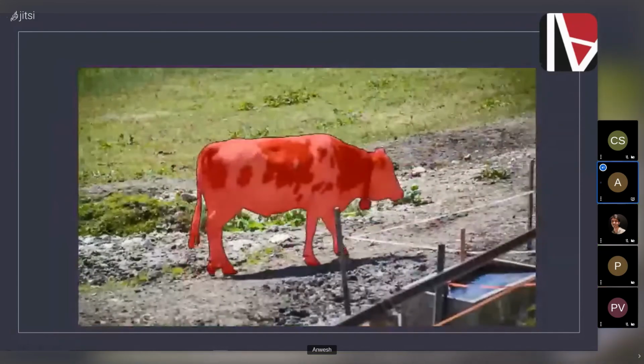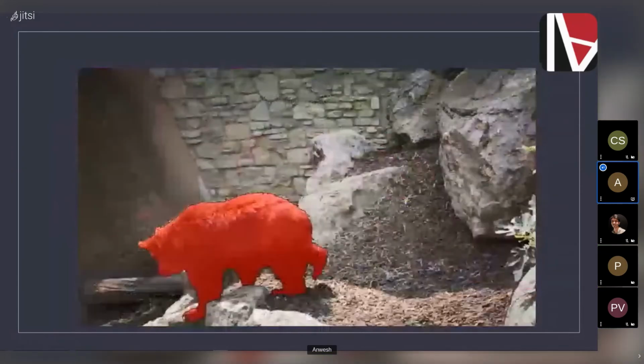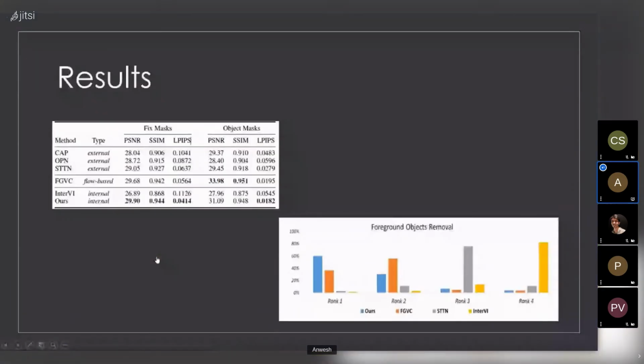So now I'll move on to the next slide. Let's look at the quantitative results. We can see the results compared to different methods, compared to the method used in this paper, and you can see different metrics being used to measure our success.